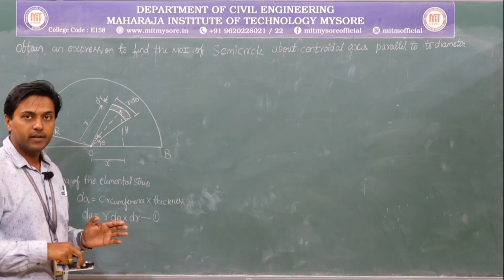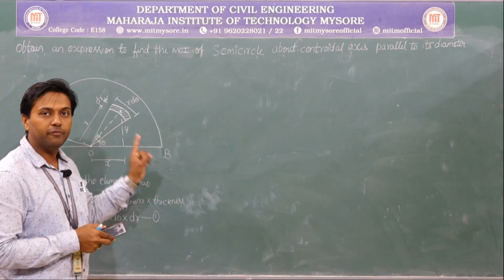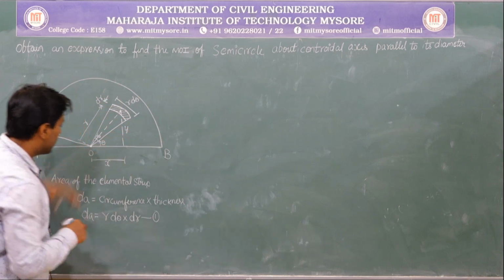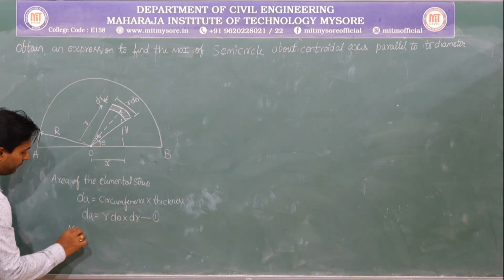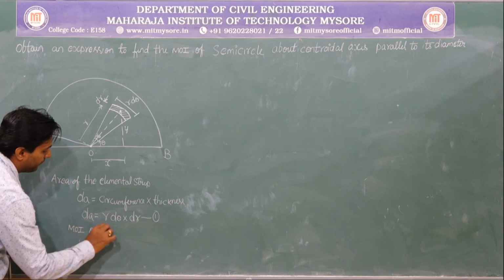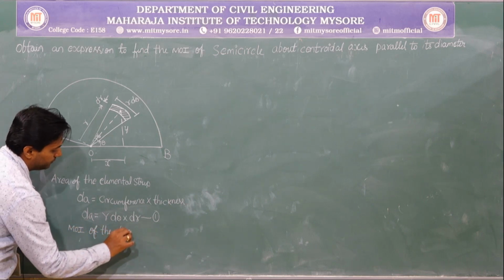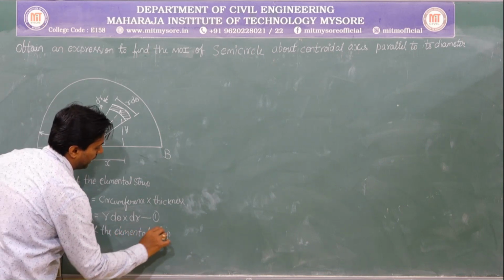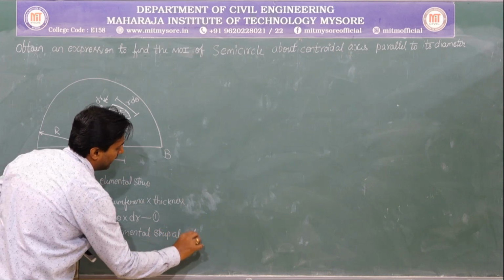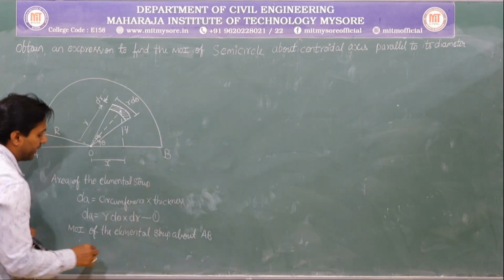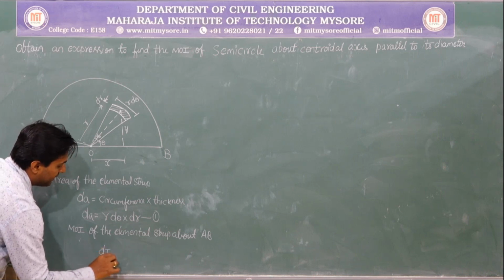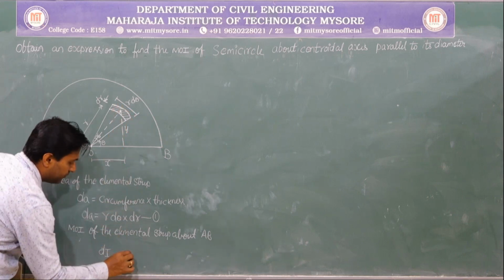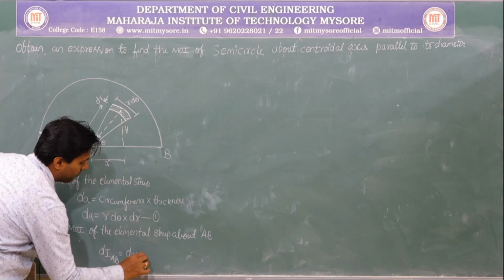So the moment of inertia of the elemental strip about AB is given by dI_AB is equal to area dA into distance square.